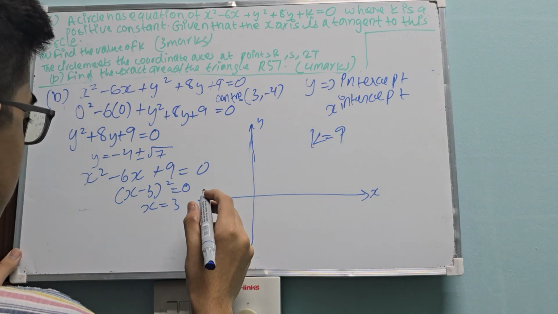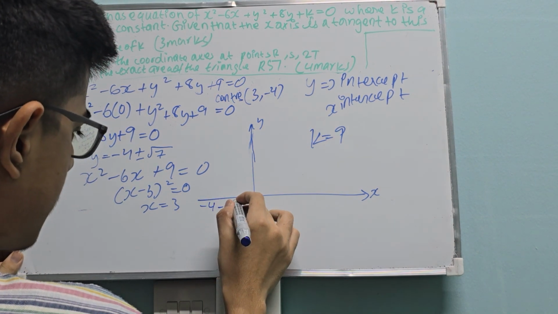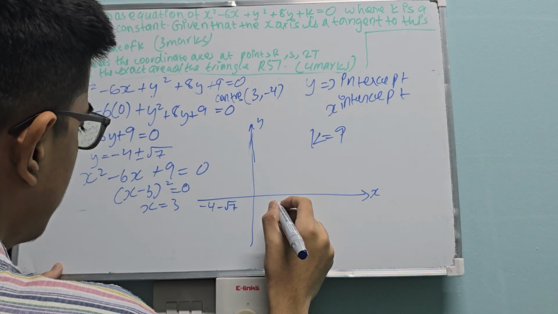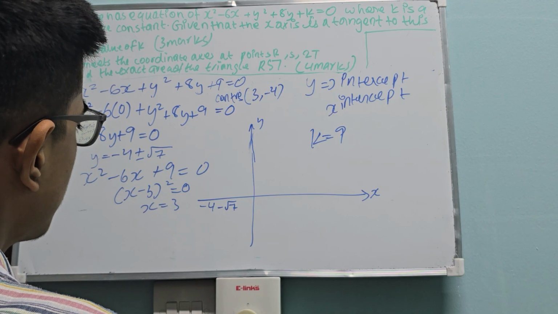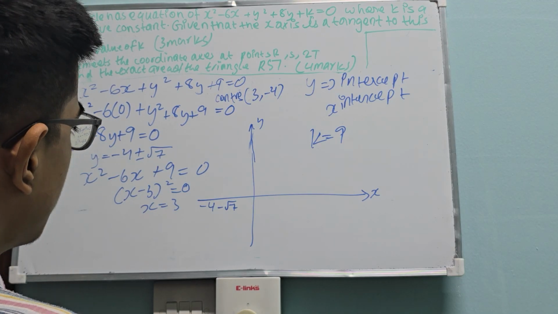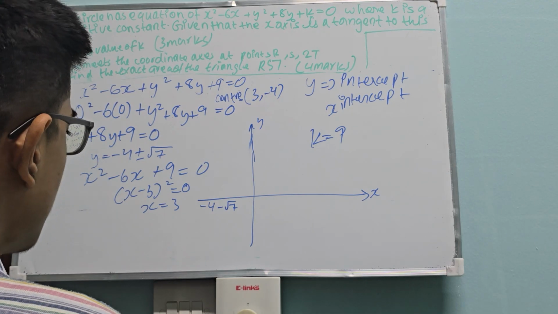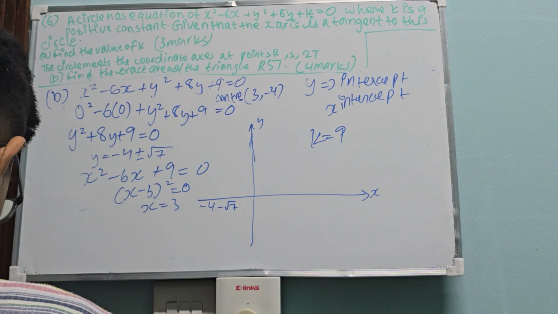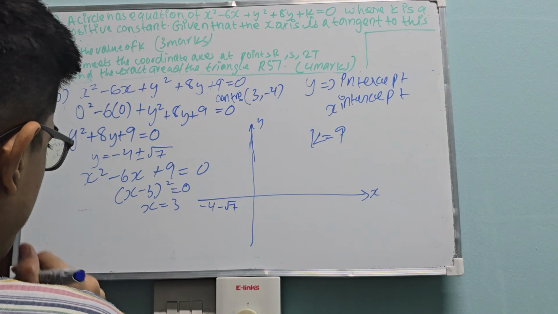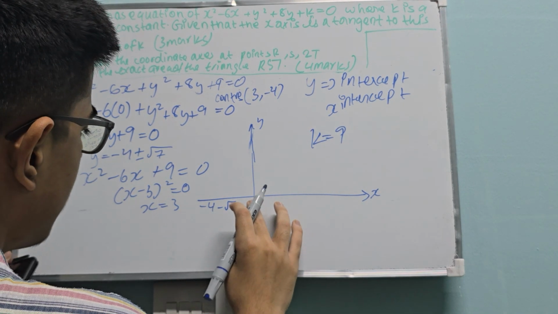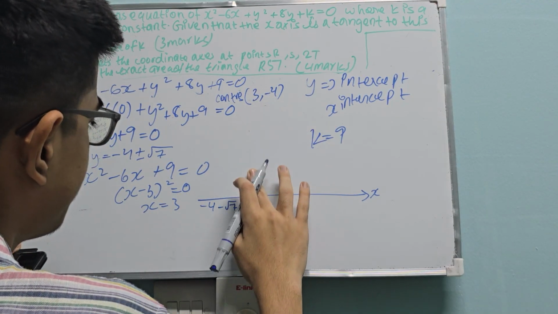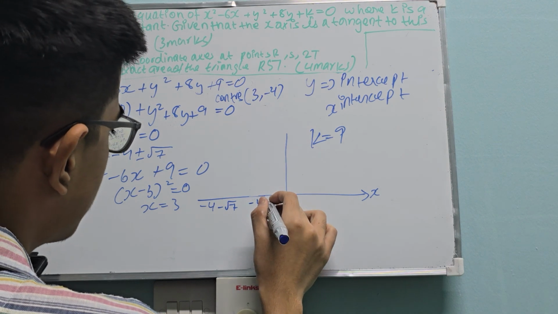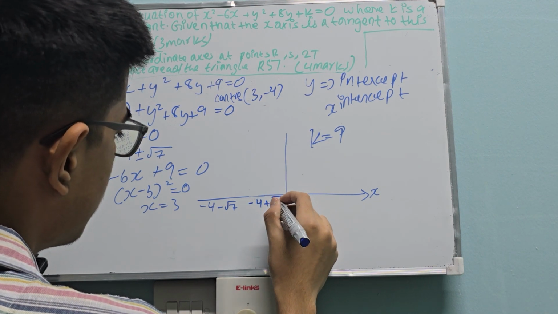Minus 4 minus root 7 is going to be somewhere here, roughly, and minus 4 plus root 7 is going to be also somewhere in the negative. So this is minus 4 plus root 7.